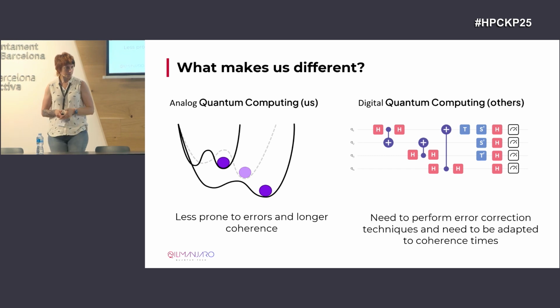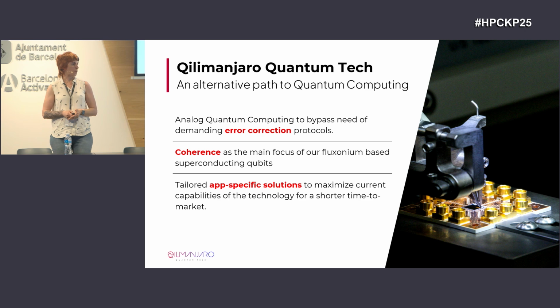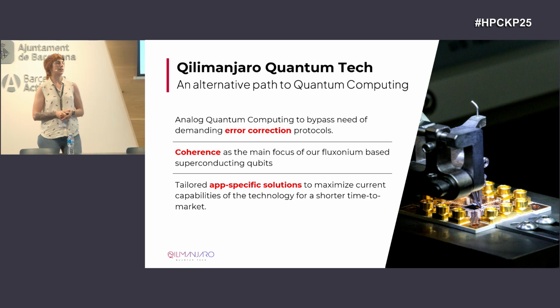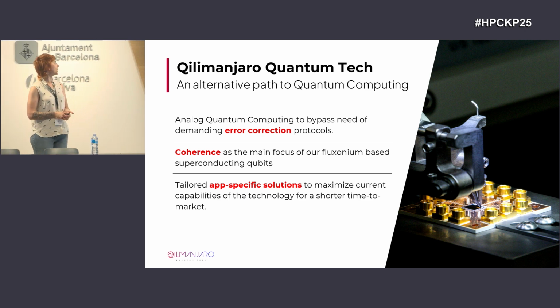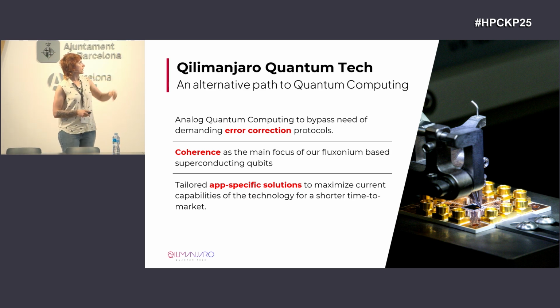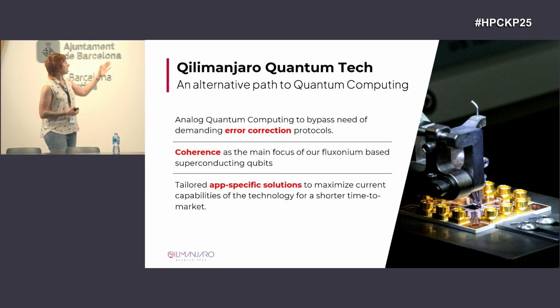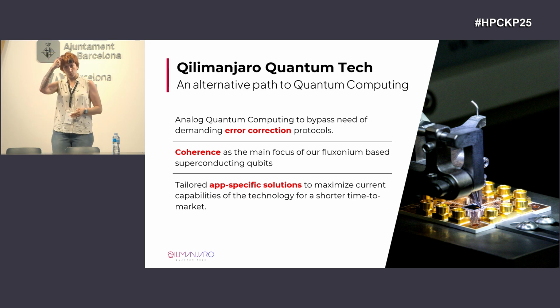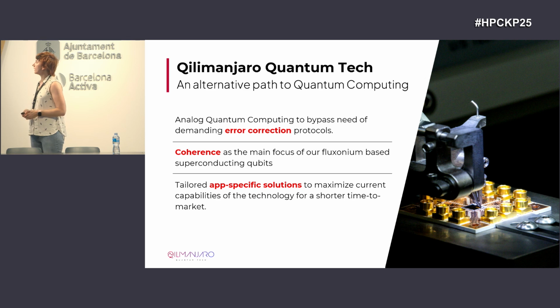So moving ahead, and just to summarize why we choose this alternative at Qilimanjaro: we want to bypass the error correction protocols to have a big qubit count with quality qubits inside. Then we want to have long coherence times in our chips to be able to perform longer simulations.